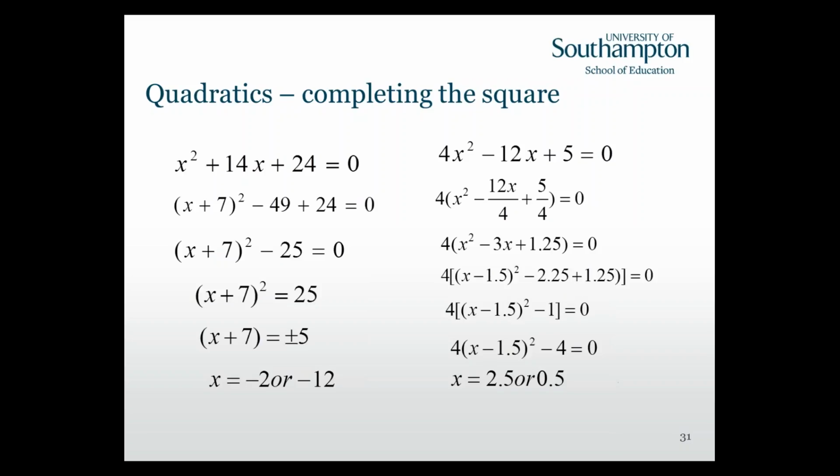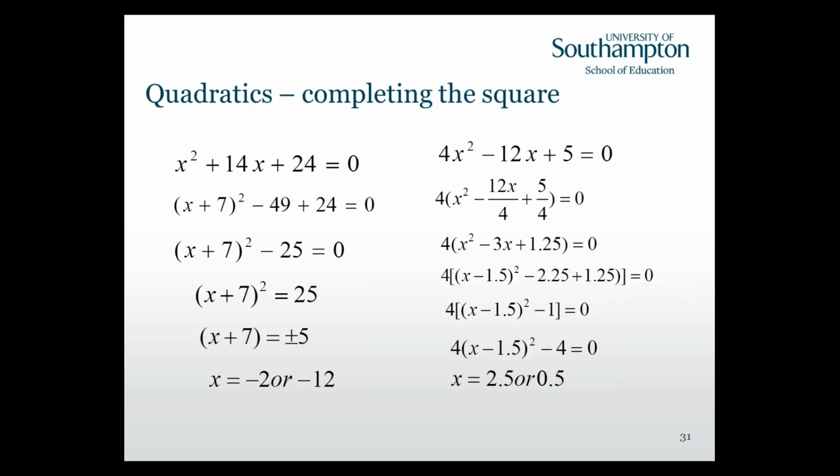I've just asked it to find the vertex. I don't know why it's freaking out on the 1.5. But that's the graph there, and as you can see, it's moved, as we would expect, to the right by 1.5 and down by 4.